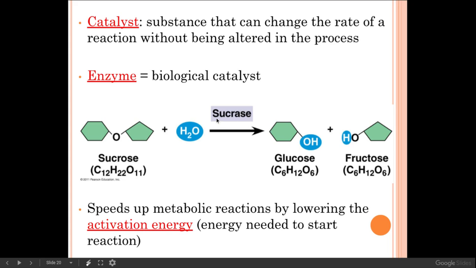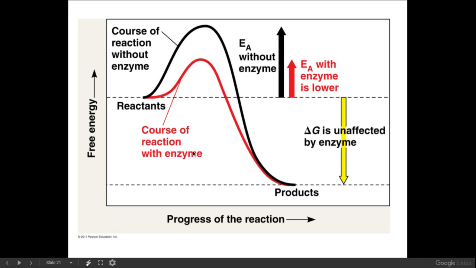So sucrase is going to assist in the breaking down of sucrose, the hydrolysis of sucrose, into its component parts, which is glucose and fructose, and that is going to be done by adding the hydroxyl group over here and the hydrogen over there. But it is done by lowering the amount of activation energy necessary to get this reaction started.